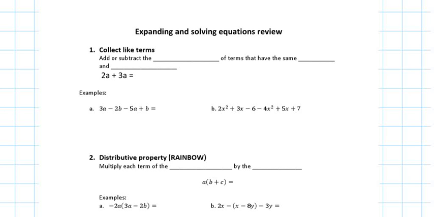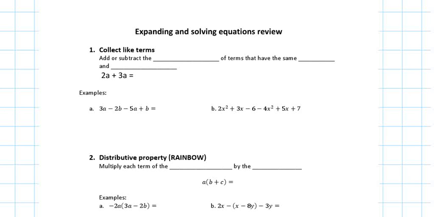If they have the same coefficient. If they have the same, not coefficient, variable. Yeah. So they have to have the same variable, so the same letter, okay, with the same exponent. So these are called like terms because they both have the letter A, and the exponent on the letter A is 1.